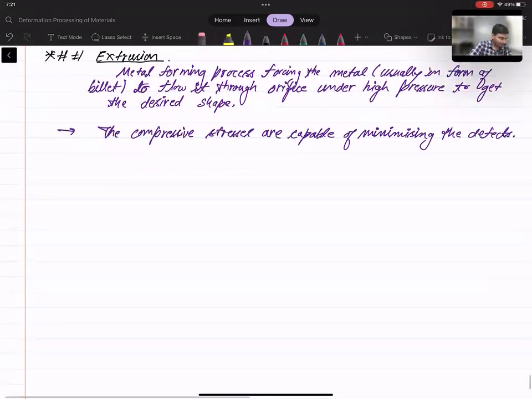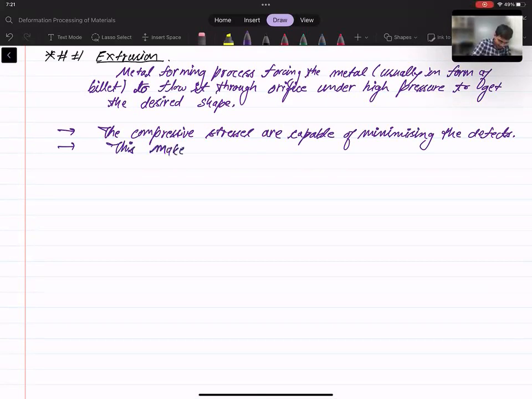Okay, and this makes this process suitable for a wide range of applications or products.